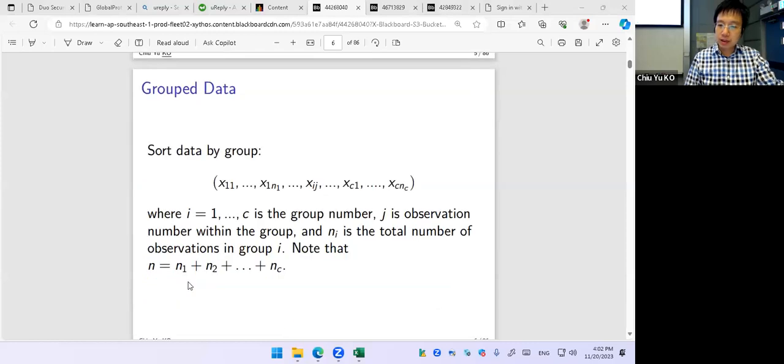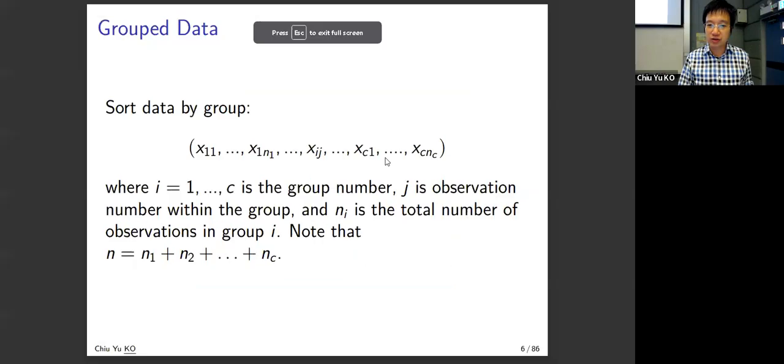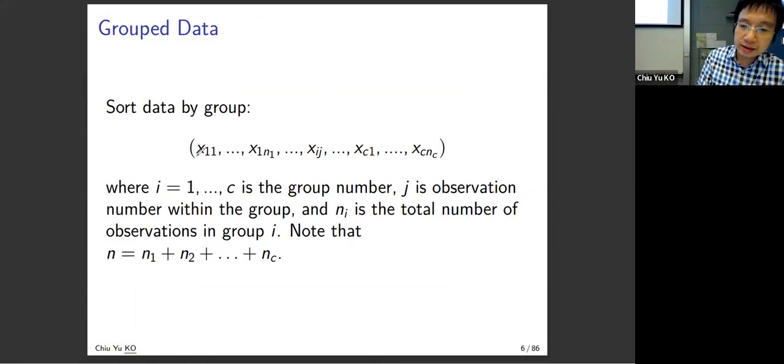So now we have some crazy notation. That's the only difficult part, to understand the crazy notation here. We sort the data by group. What does that mean? X11 is group number 1, observation 1.